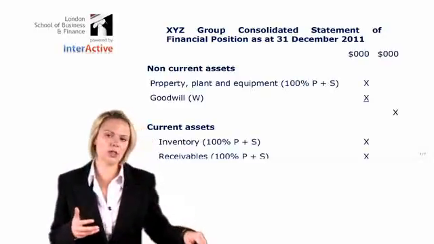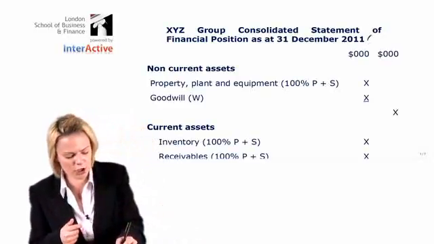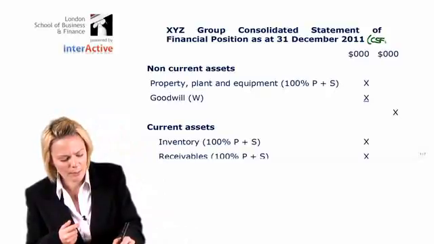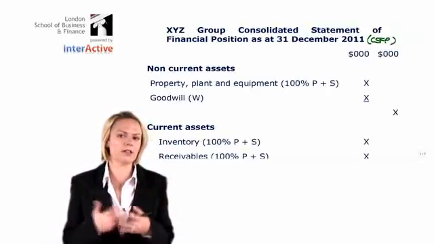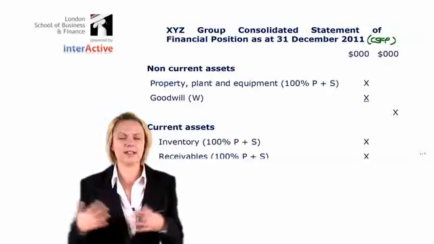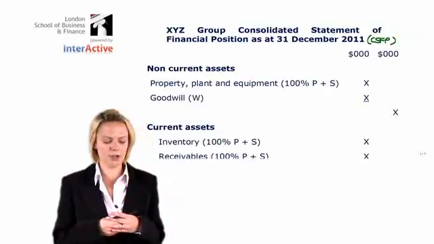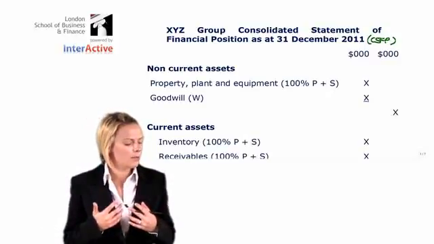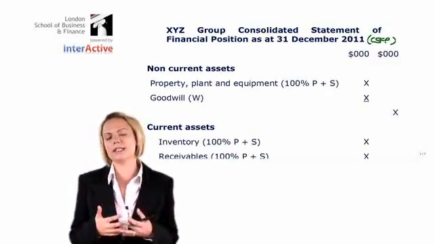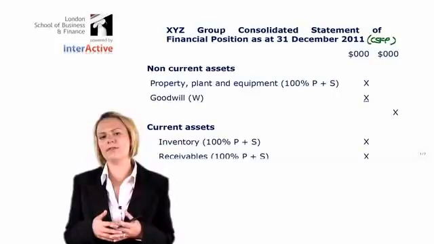When I refer to it, I might write CSFP, just because it's easier. CSFP stands for the Consolidated Statement of Financial Position. And it looks pretty similar to what you've learnt as a Statement of Financial Position already, but there are some key additions.